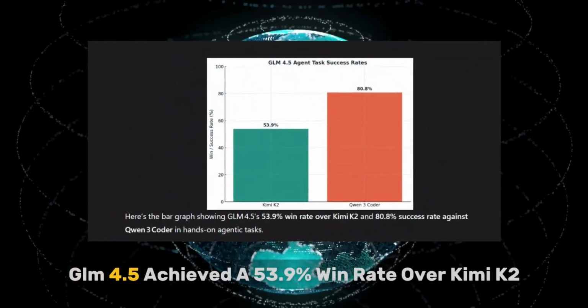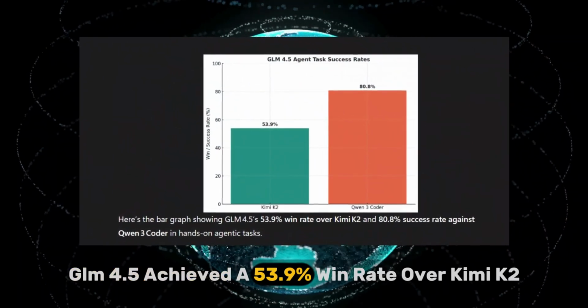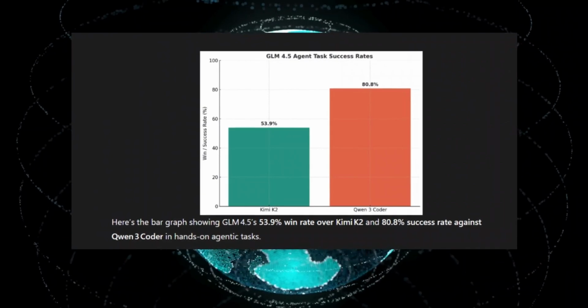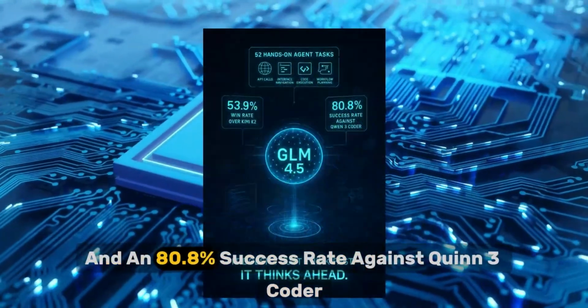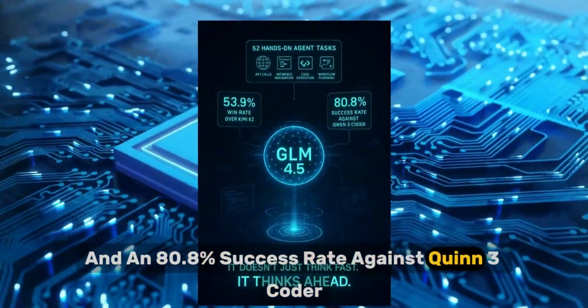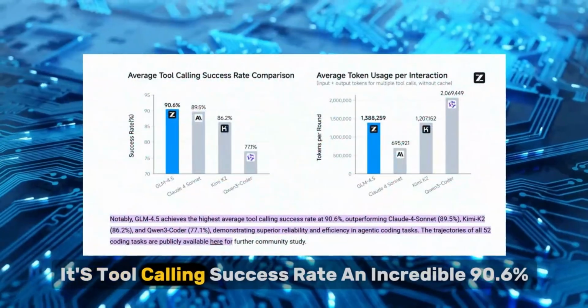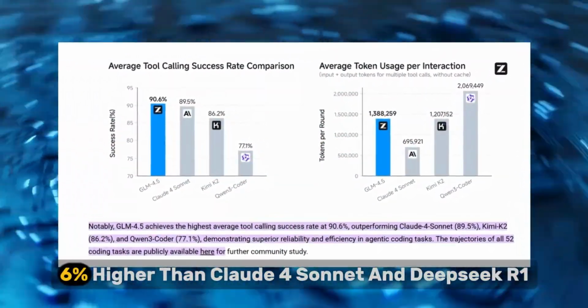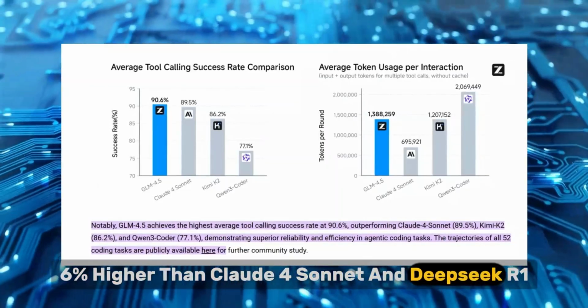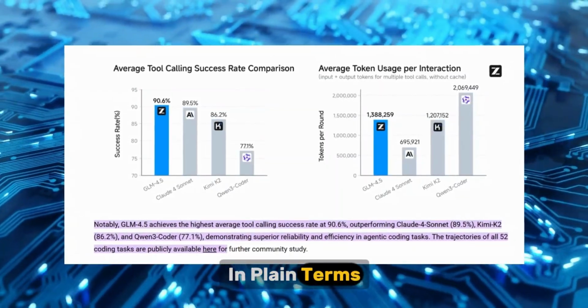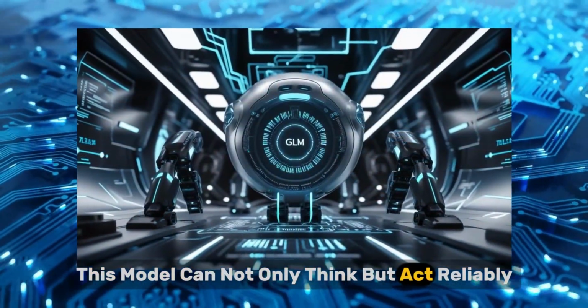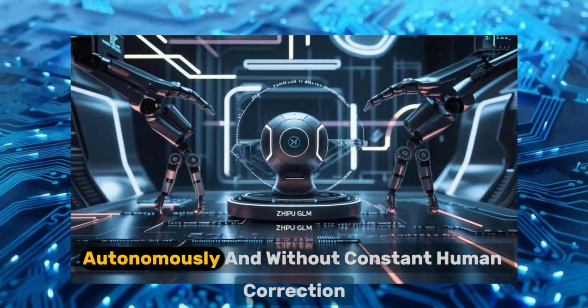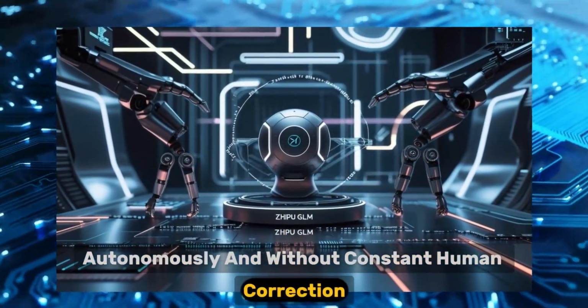GLM 4.5 achieved a 53.9% win rate over Kimi K2, another top-tier model, and an 80.8% success rate against Qwen 3 Coder. Its tool calling success rate, an incredible 90.6%, 6% higher than Claude 4 Sonnet and DeepSeek R1. In plain terms, this model can not only think but act, reliably, autonomously, and without constant human correction.